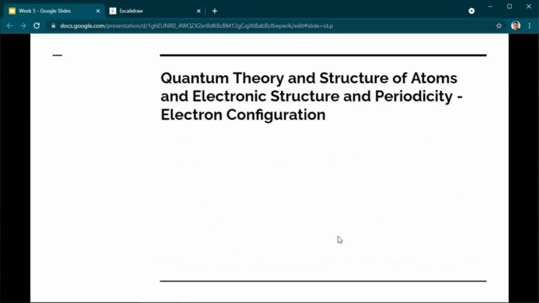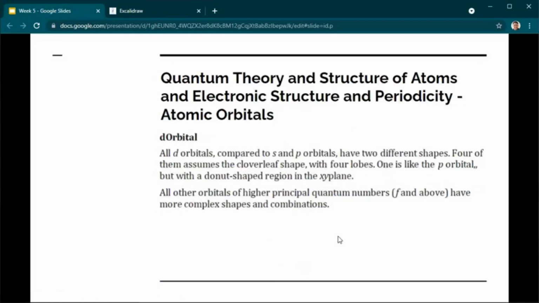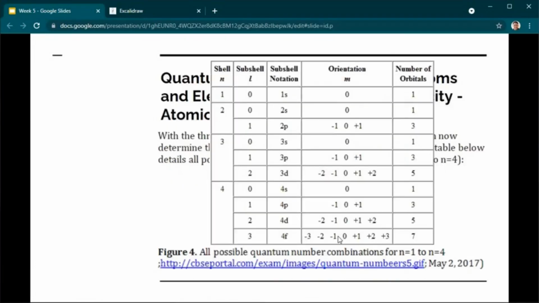Okay, so I'll go back a little bit. So you might be wondering, this is the number of orbitals or the number of electrons in a subshell.